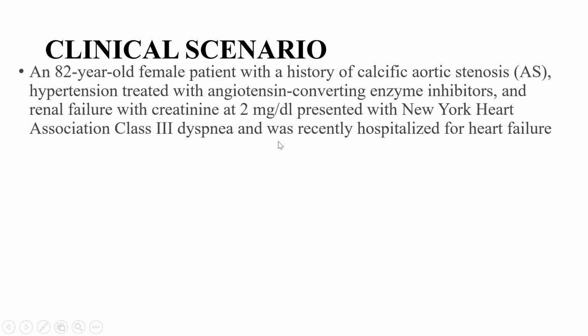So the first case scenario reads as follows. We have an 82-year-old female patient with a history of calcific aortic stenosis, hypertension treated with ACE inhibitors, and renal failure with creatinine of 2 milligrams per deciliter, has New York Heart Association class 3 dyspnea, and was recently hospitalized for heart failure.